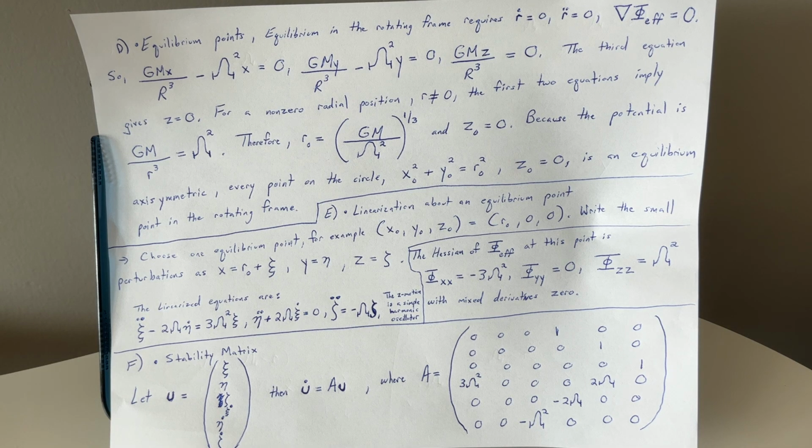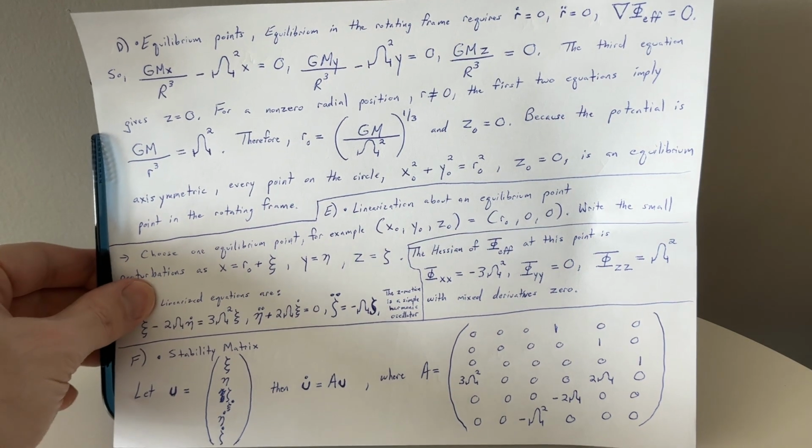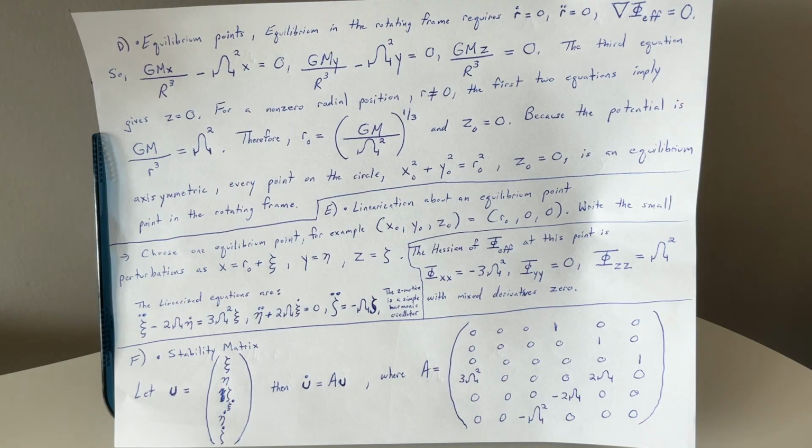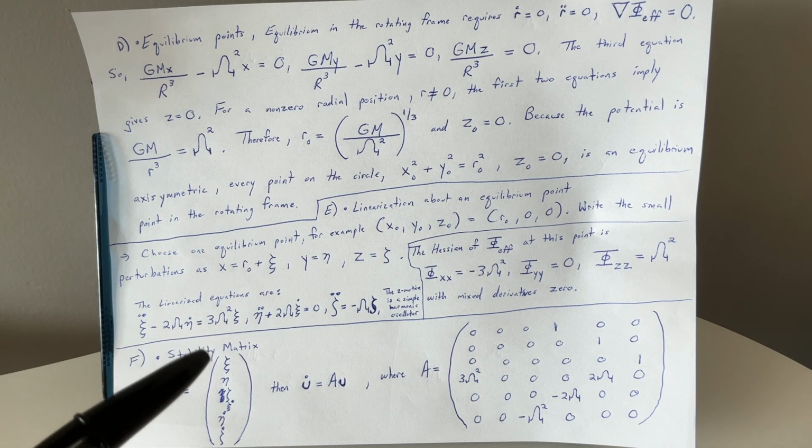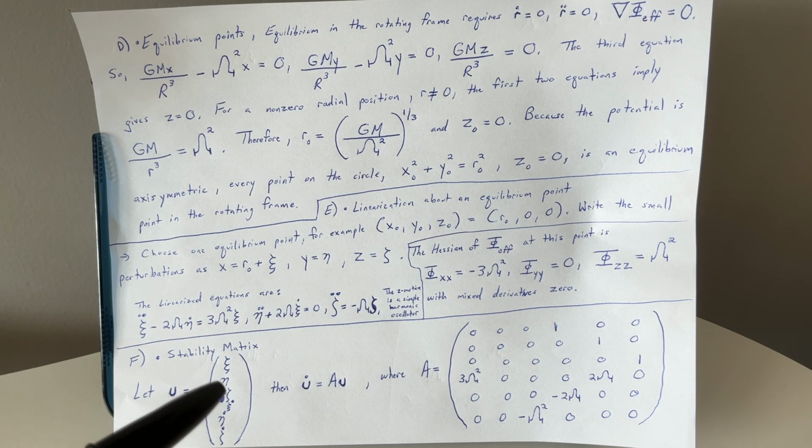Okay, and for part F, construct the stability matrix. We're going to let U equal the following. There are 6 terms in this column: xi, eta, zeta, and then xi dot, eta dot, zeta dot.